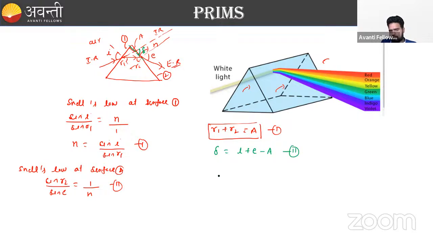And one more thing, if we apply the condition for minimum deviation, what is the condition for minimum deviation? Angle I must be equal to E, angle R1 equal to angle R2, and the light moves parallel to the base.